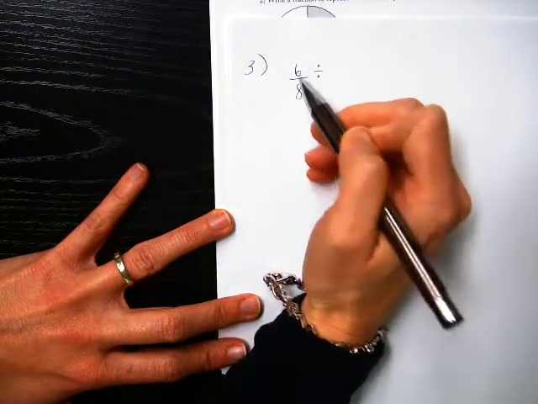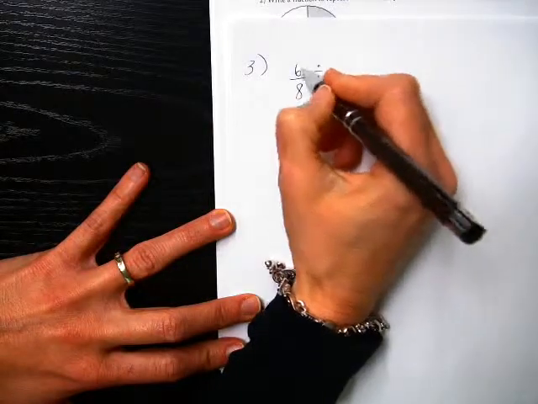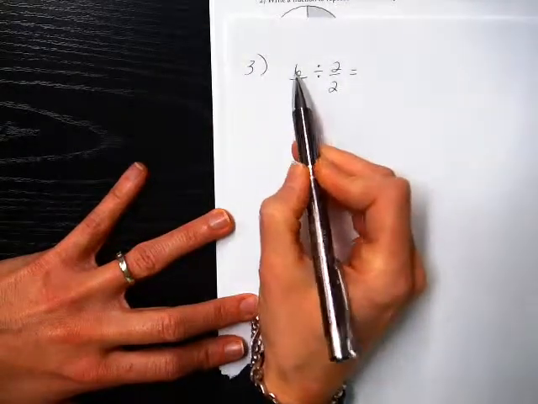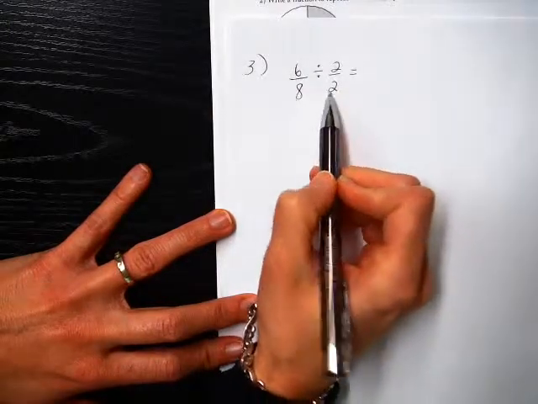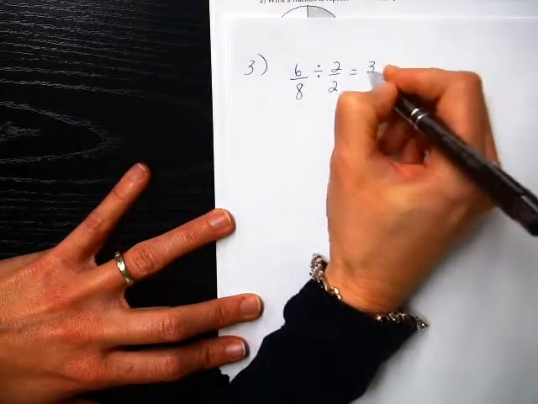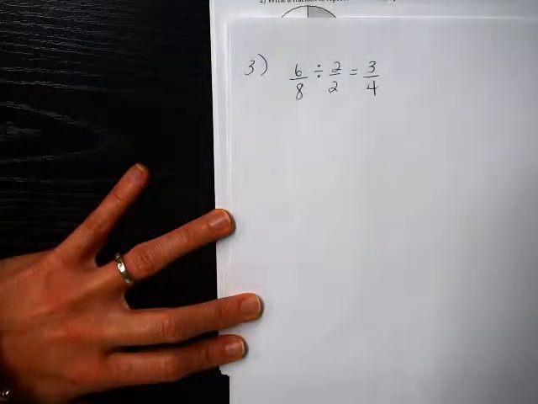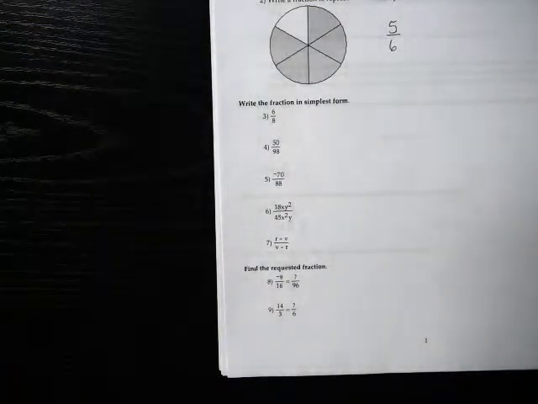This is pretty easy to look at and tell that the GCF for 6 and 8 is 2. In other words, the largest thing that will divide evenly into both 6 and 8 is 2. So 6 divided by 2 gives us 3, and 8 divided by 2 gives us 4, so number 3 reduces to 3/4.